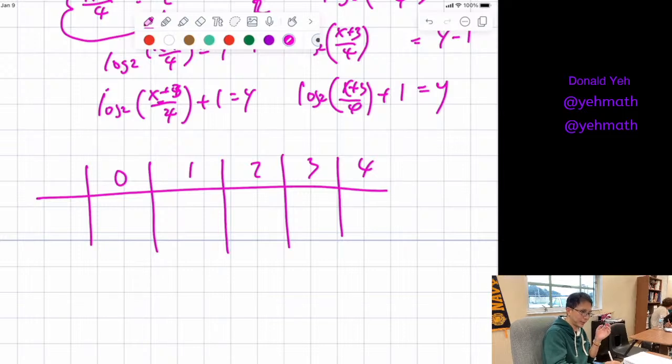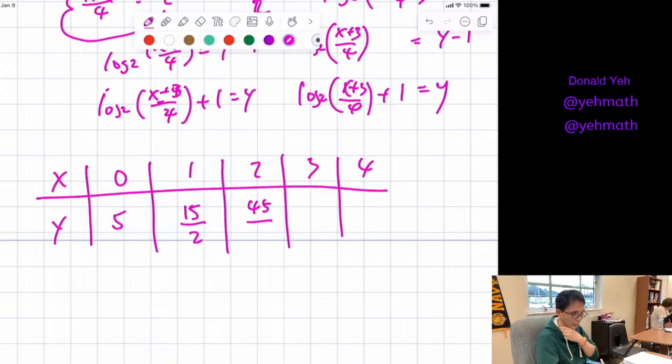And this one is x, and this is y: 5, 15 over 2, 45 over 4, 135 over 8, and something like 12.